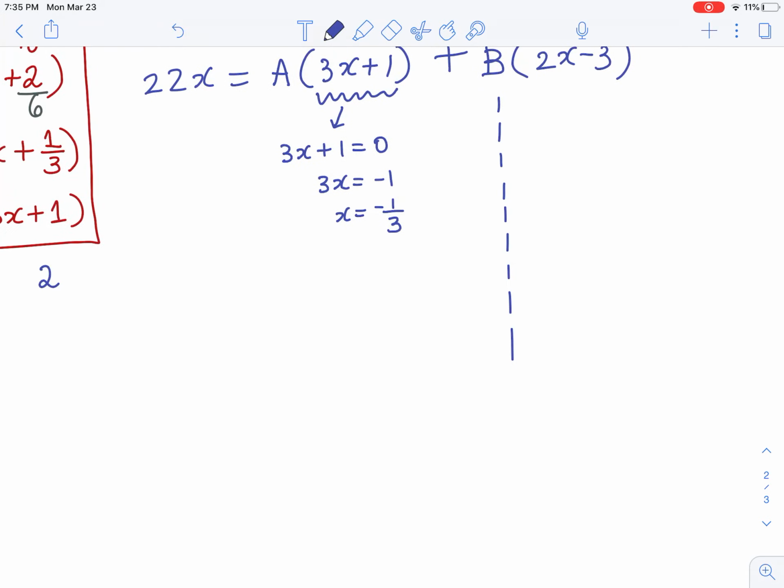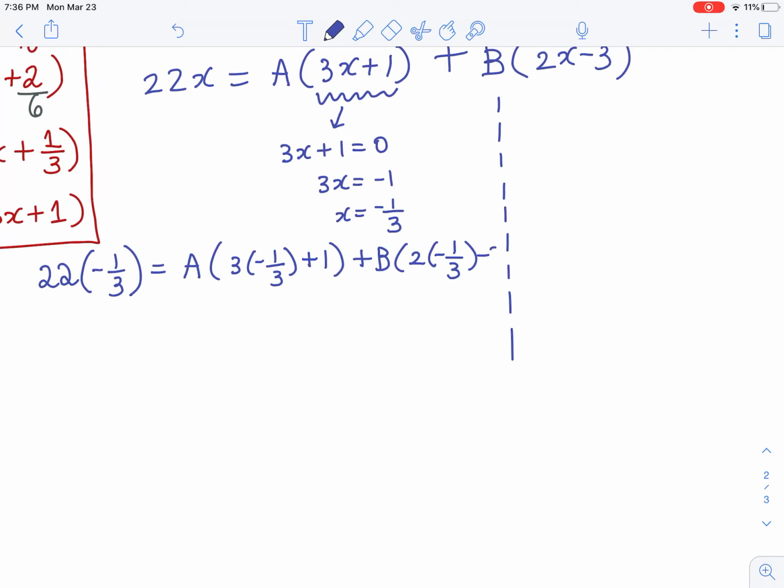Oh dear, I may need a calculator for this. Well, it's all right. Let's try 22 times negative 1/3 is equal to A times 3 times negative 1/3 plus 1, plus B times 2 times negative 1/3 minus 3.